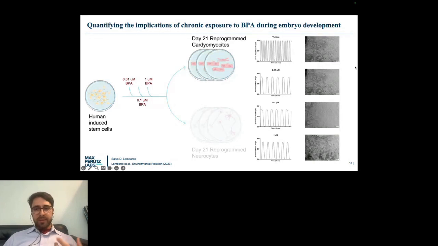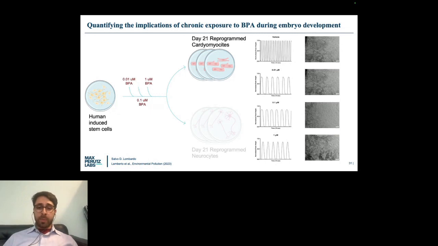And they would beat regularly with a certain frequency and a certain amplitude. However, when they were exposed to bisphenol A, they would beat less frequently and with way less intensity, as you can also see from the plot here. So there was something phenotypically occurring that was wrong. And that was for the heart.